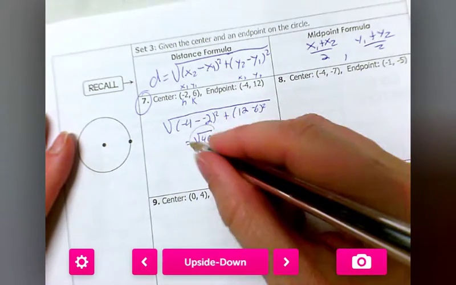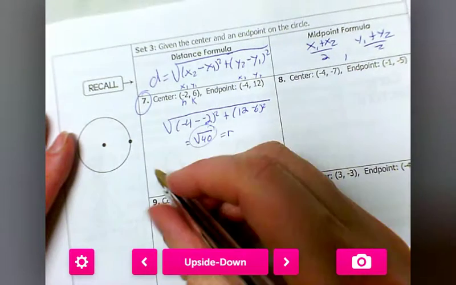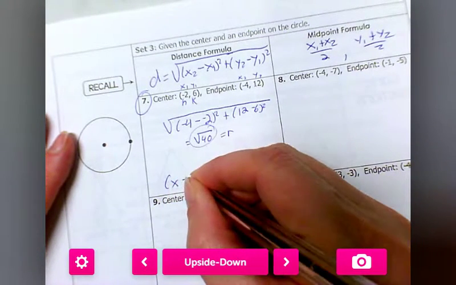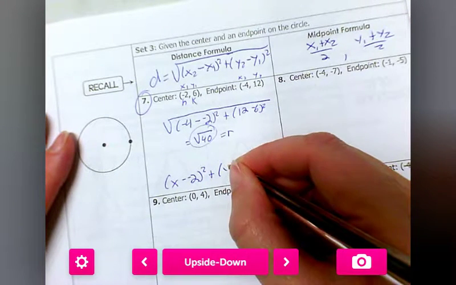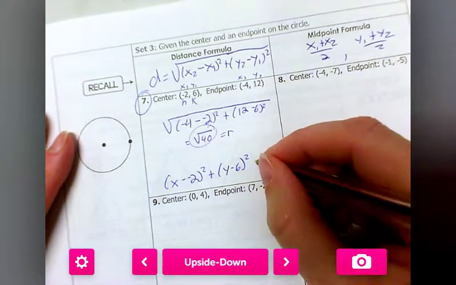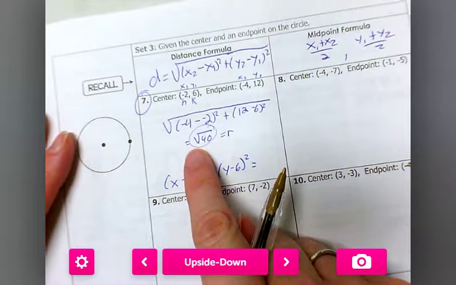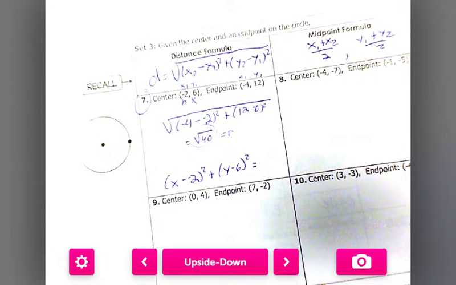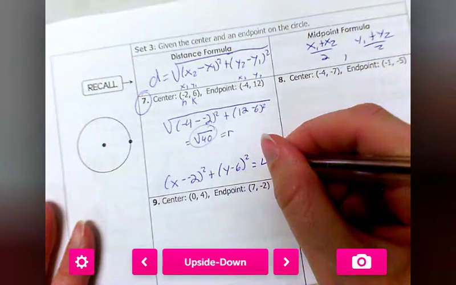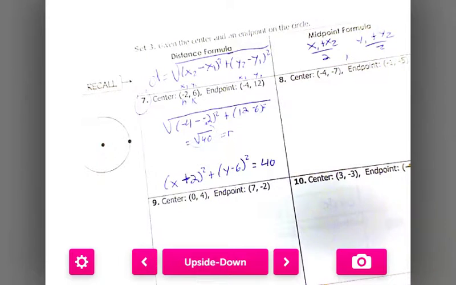That's my radius. So now I'm going to put it into the equation. x minus a negative 2 squared plus y minus 6 squared equals, what's the square root of 40 squared? We did this before. When we take the square root of something and we square it, it becomes that number, right? 40. Just make sure you put a plus sign here, because a negative and a negative makes positive.